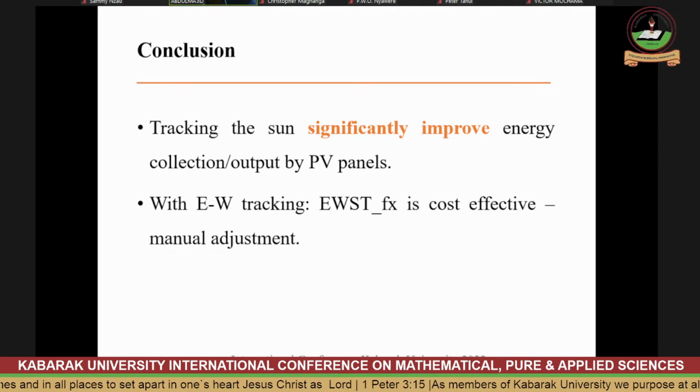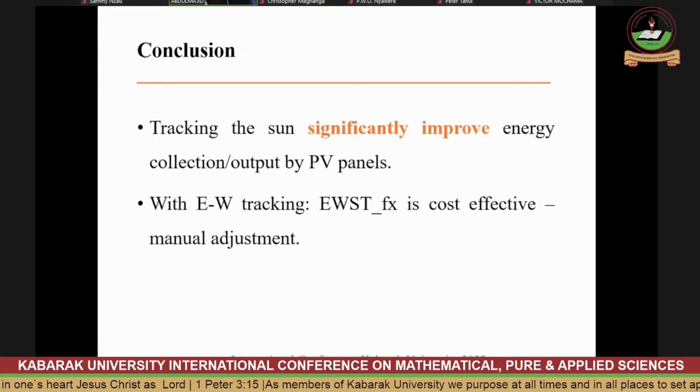Maybe it is a cost, especially when using motors, so that the panel tracks the movement of the sun from morning to evening. So a fixed angle east-west tracking may be the remedy to reduce the cost. So this is the suggestion as well.